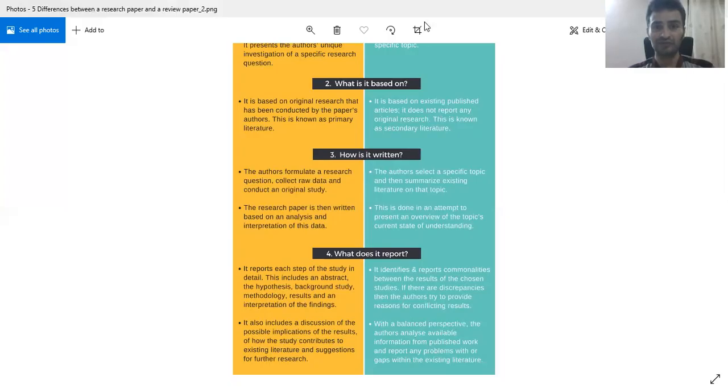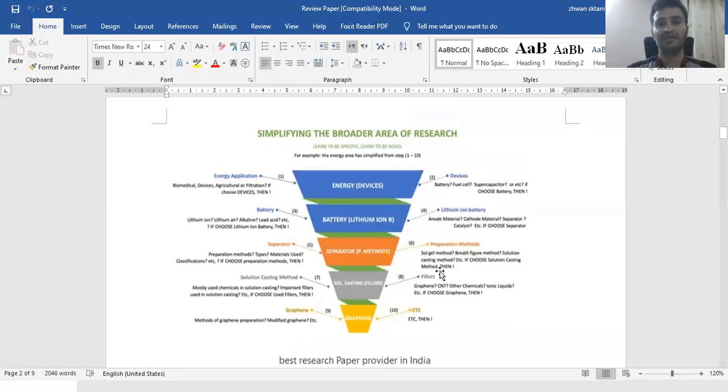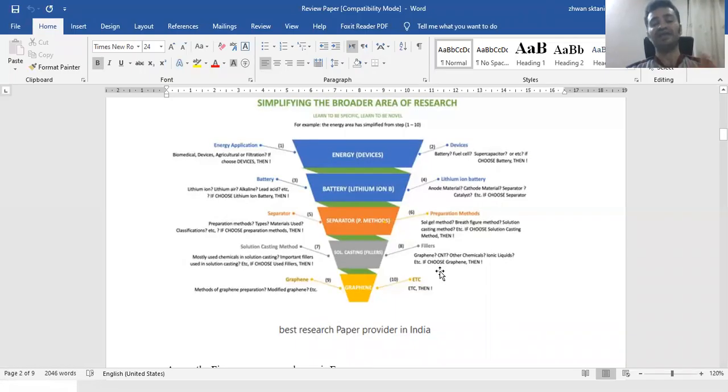Now we are going to show a very important point: how to choose the title. But before we choose the title of the review paper, it is very important to know why a review paper is important. For any postgraduate, either a master's or PhD candidate, a review paper is important for a few reasons. First, it is a kind of literature review that helps the candidate to know the topic.